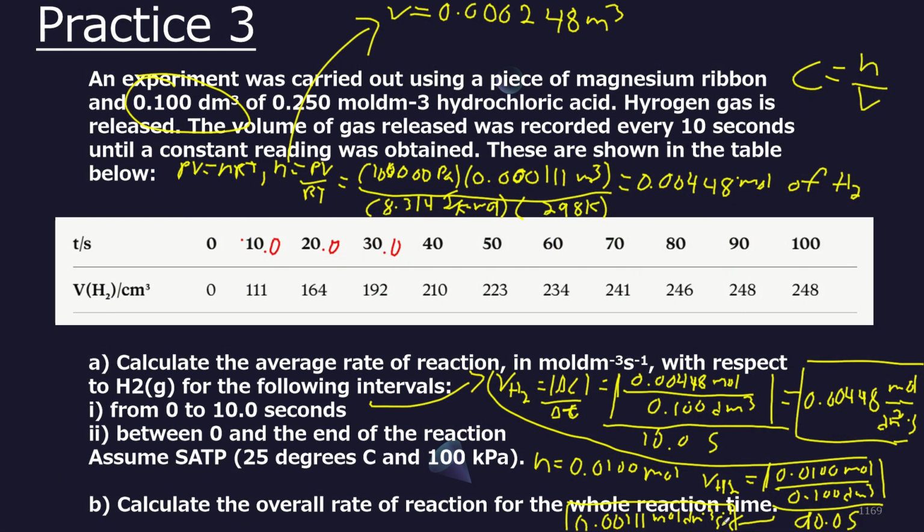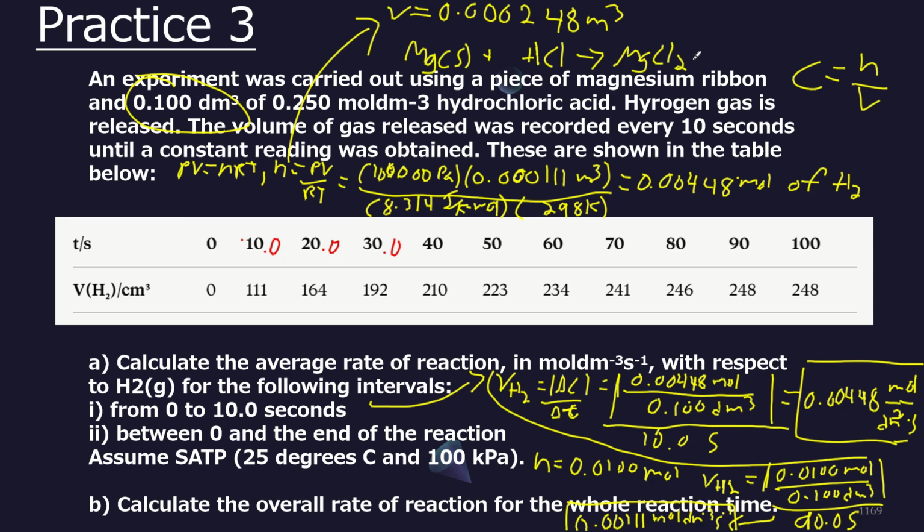Now calculate the overall rate of reaction for the whole reaction time. One thing we didn't do that we probably should have done is write a balanced chemical equation for this. I'll just write that at the top here. So we're working with Mg solid reacting with HCl goes to MgCl2.